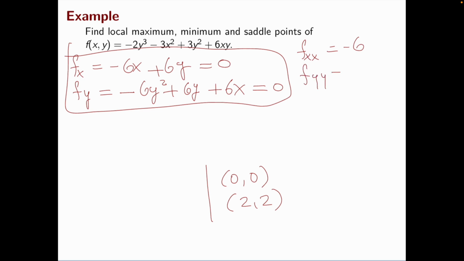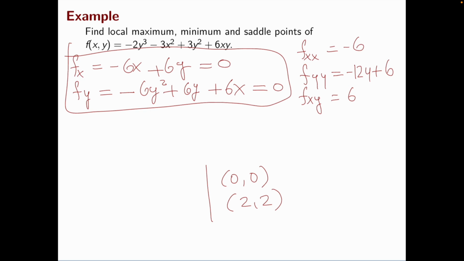And f_yy is going to be the derivative of this with respect to y again, so this is going to be minus 12y plus 6. And then the mixed derivative, f_xy, we can calculate starting with any of them. For instance, we can start with this one and calculate the derivative with respect to y. And so the result is going to be 6.